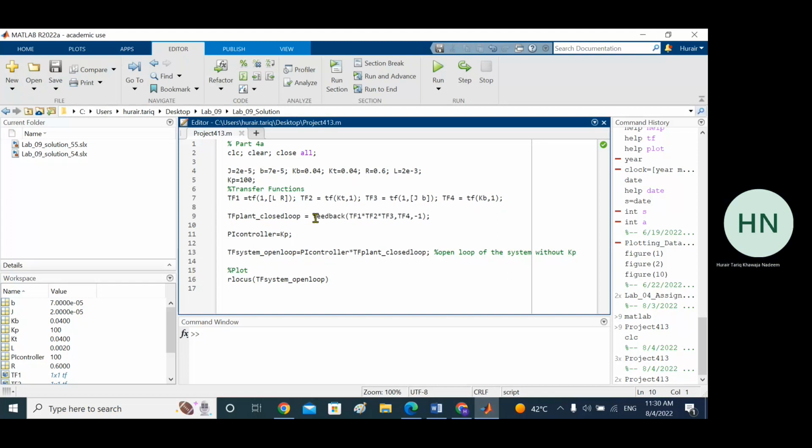Now, feedback is actually the command to make the closed loop transfer function of the plant. So you are going to use this feedback command: TF1 multiplied by TF2 multiplied by TF3, comma TF4. What is actually at the HS side is TF4, which is actually KB.